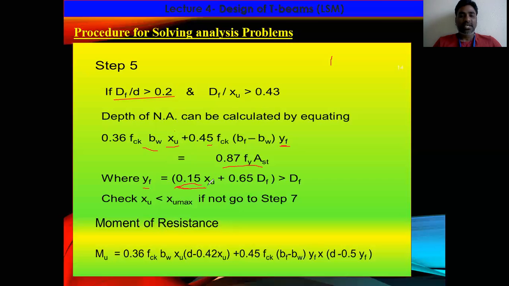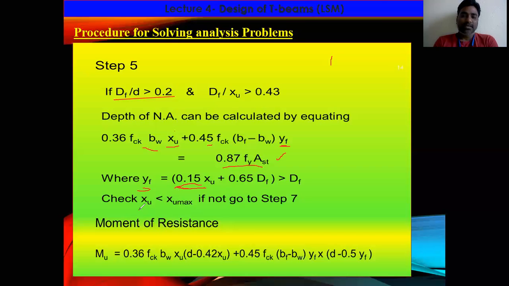So you can find the XU value. After getting the XU value from this equation, find the YF, right? After that, you calculate the maximum depth of neutral axis as per IS 456 2000, right?